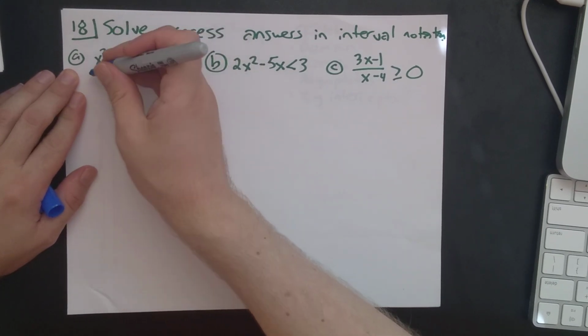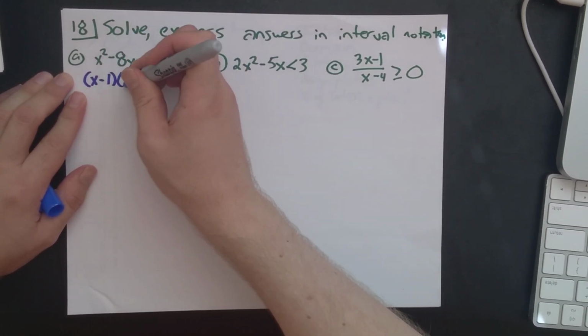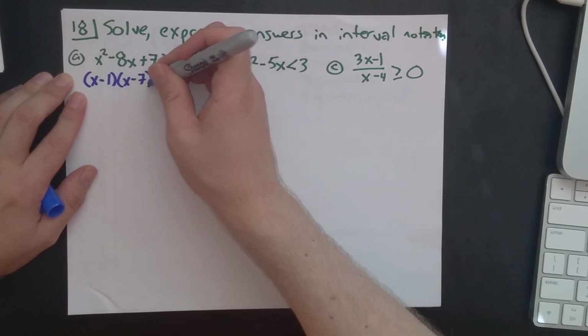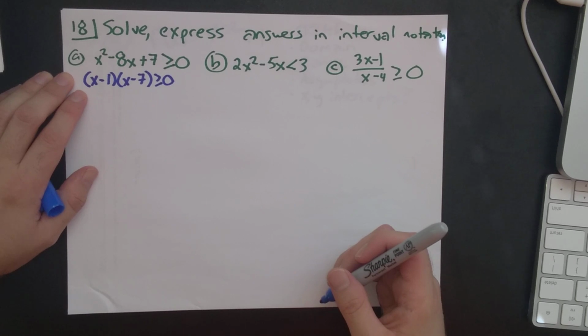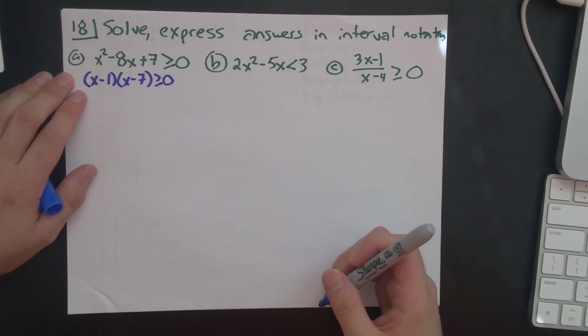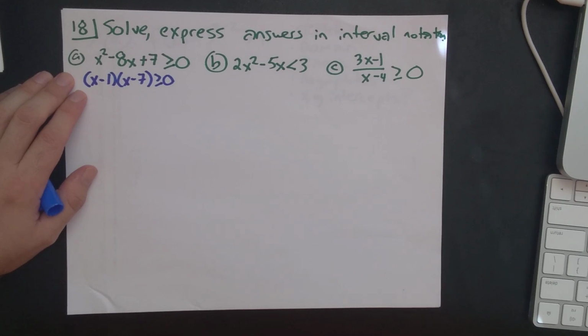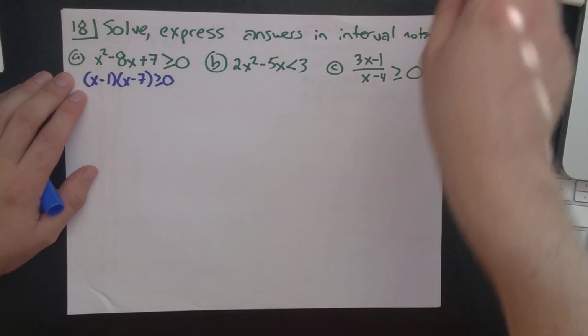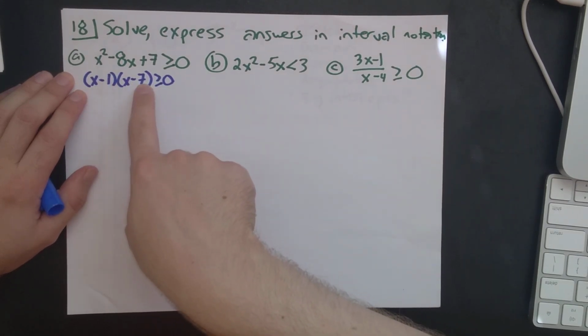Our goal should be to factor this, and it's pretty easy to see that this factors as x minus 1 times x minus 7, and we want this to be non-negative, greater than or equal to 0. And so the thing that we should realize is, when is this non-negative?